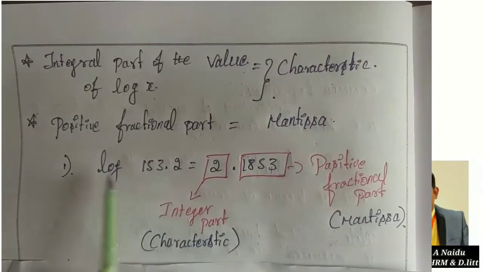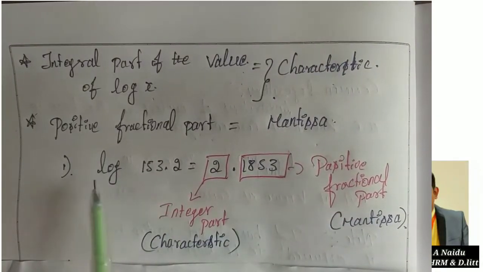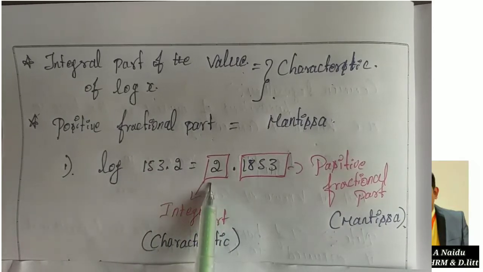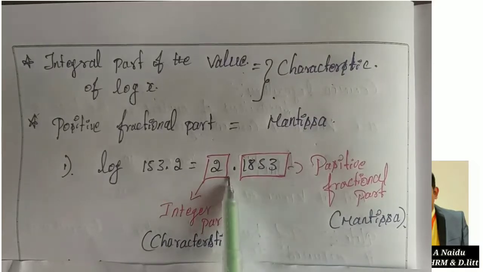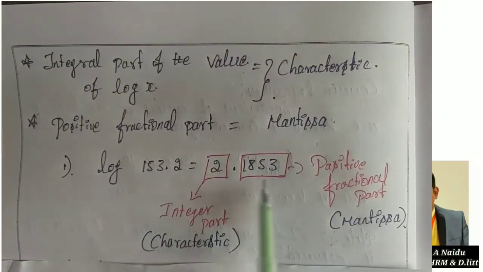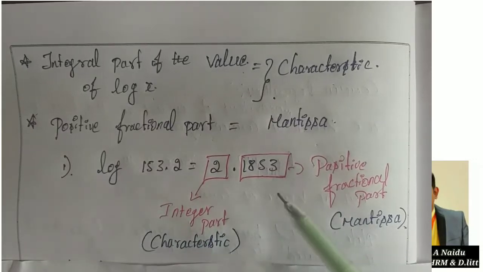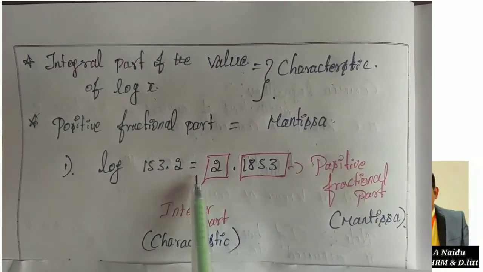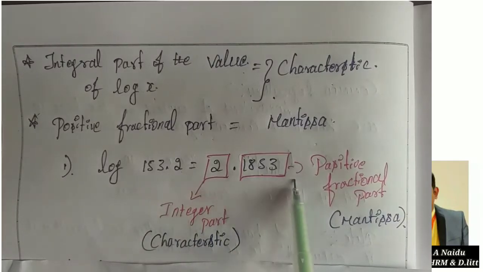I have just solved this: number 1, log 153.2 can be written as 2.1853. I'll explain how we derive this value in today's class, but first try to understand this.